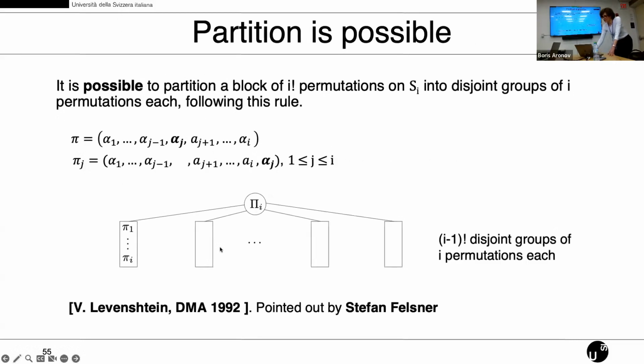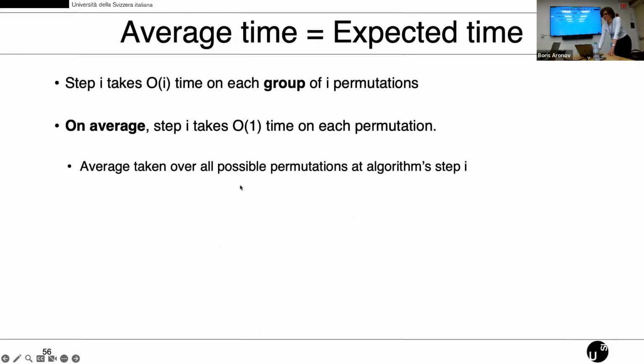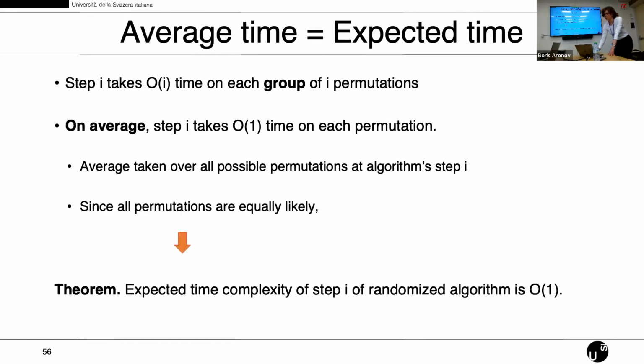With that, step i takes constant time for each group of i permutations. So on average it takes constant time, and the average is taken over all possible permutations. Since they are all equally likely, we conclude that the expected time complexity of step i is constant.